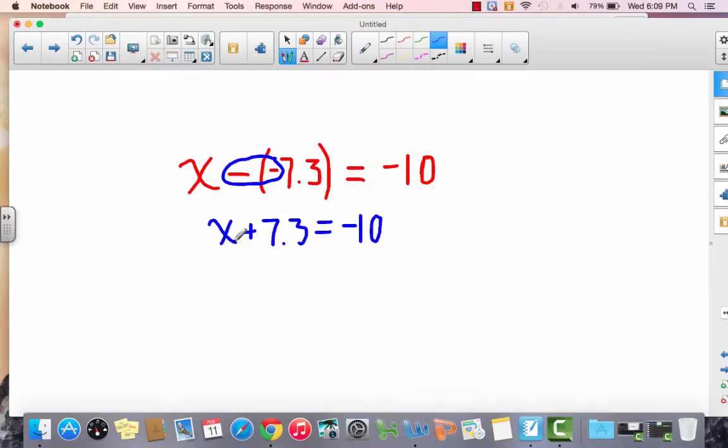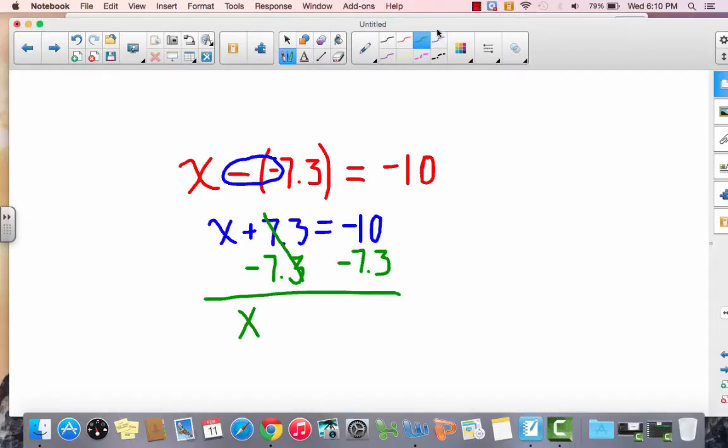So now I know that x and 7.3 are being added, and the opposite of addition is subtraction. So I'm going to subtract 7.3 from the left, which cancels out, giving me a 0. And because it's an equation, if I subtract 7.3 on the left, I also subtract 7.3 on the right. So on the left, we have x.